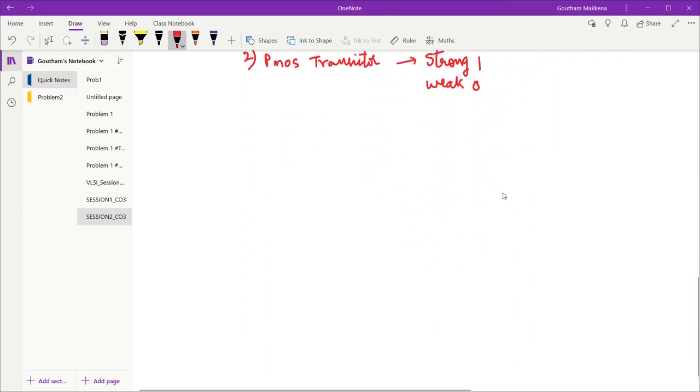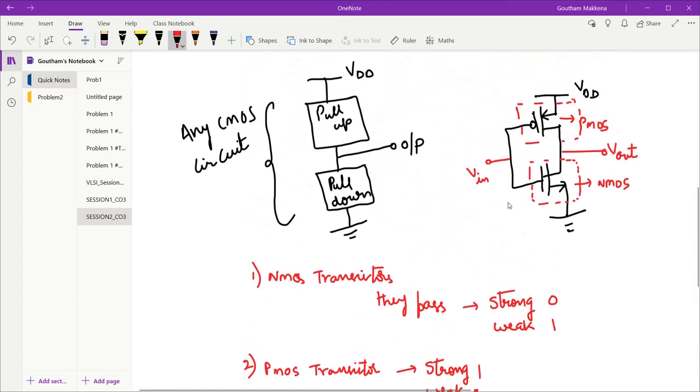Okay, so in the generic CMOS structure that we described here, the pull-up network is entirely composed of only PMOS transistors. Again in the generic structure, the pull-down network is entirely composed of only NMOS. This should make sense, right? Pulling down means actually taking something down to zero.